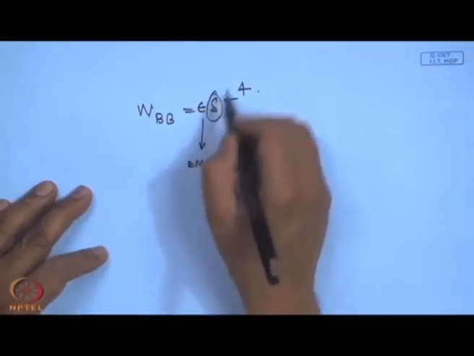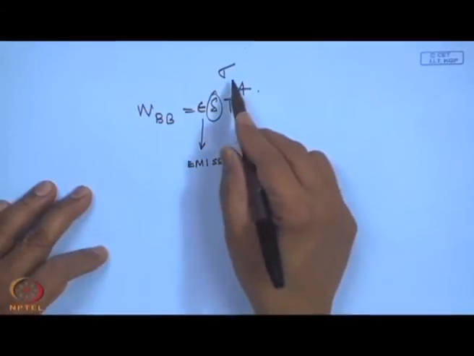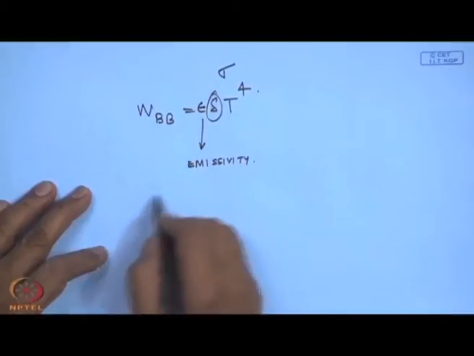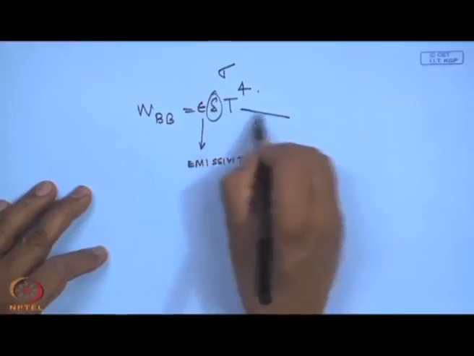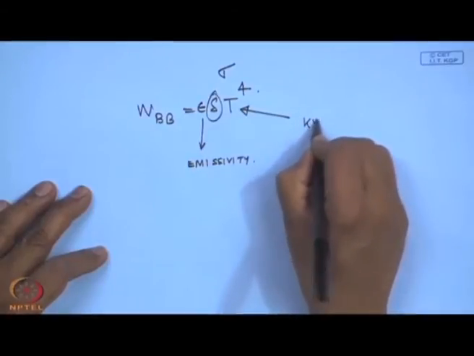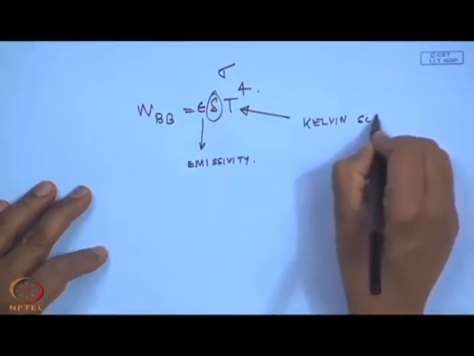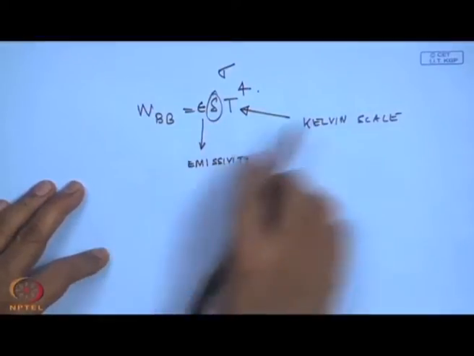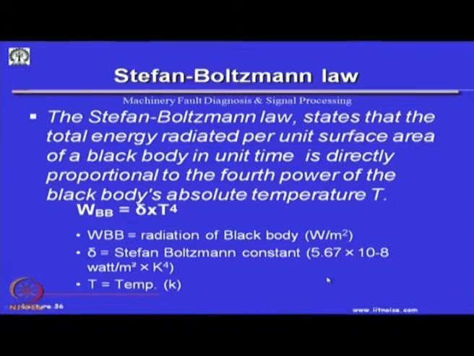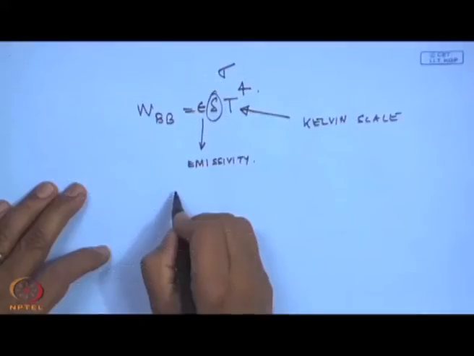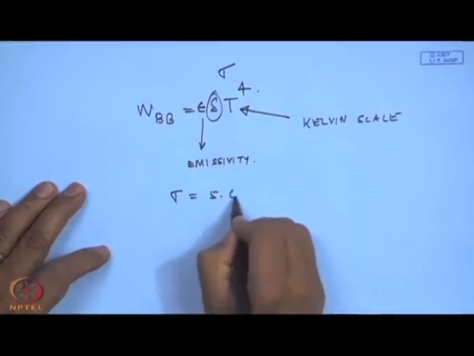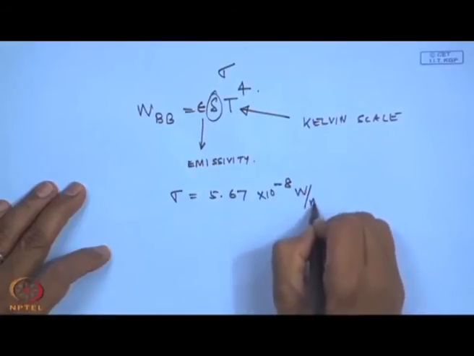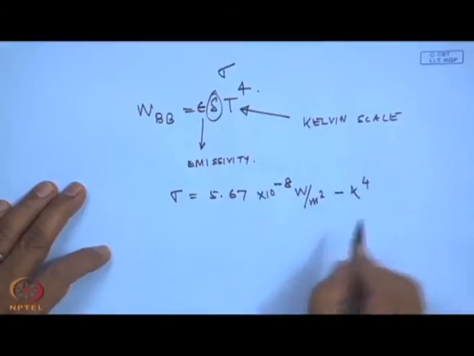Okay. In many books, they write this as delta or sigma. So, this temperature is in the Kelvin scale, and this is the fourth power, and the value of the Stephan-Boltzmann constant is 5.67 into 10 to the power minus 8 watt per meter square times Kelvin to the power 4.